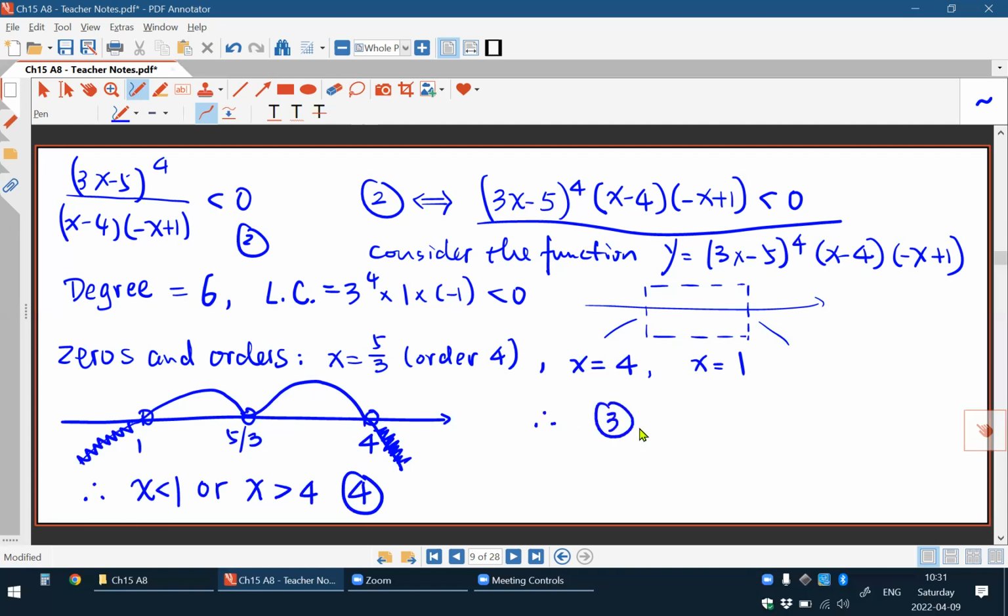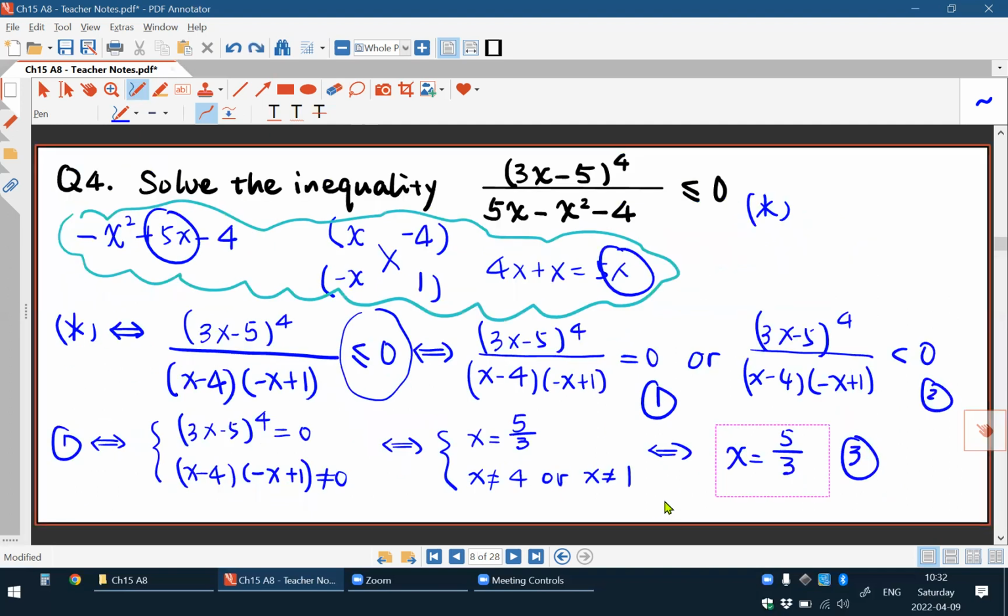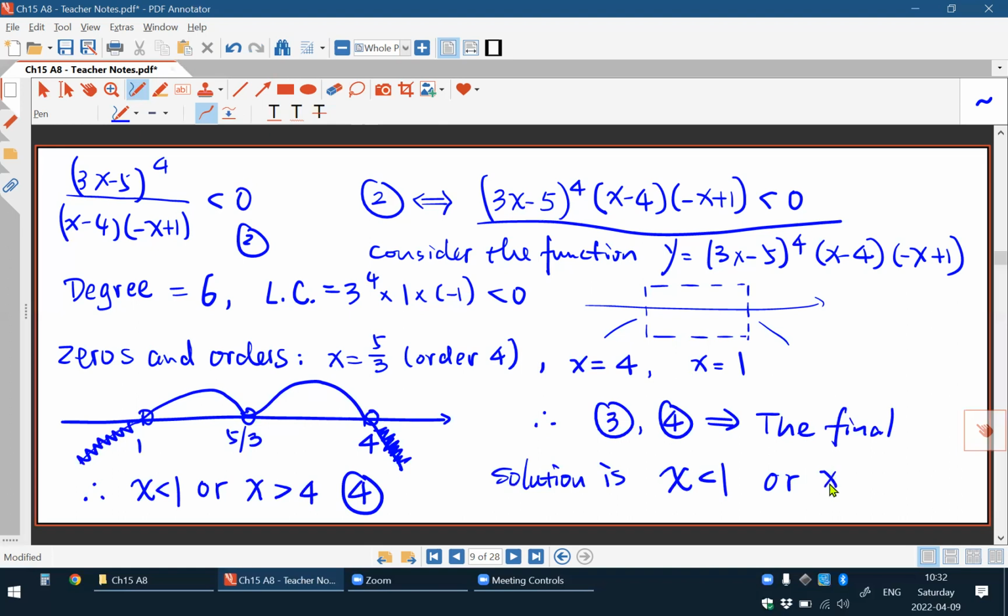Therefore, according to 3 and 4, the final solution is x less than 1, or x greater than 4, or x exactly 5/3, right?